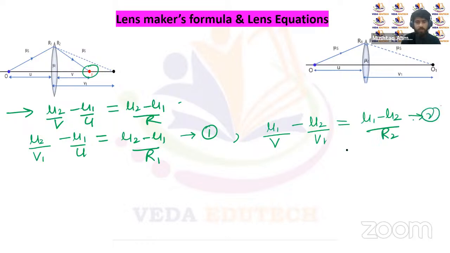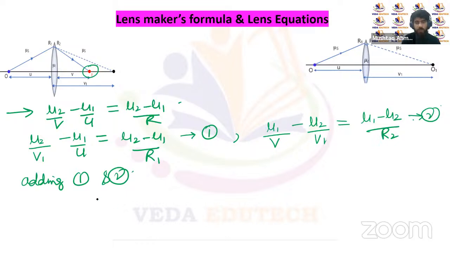Now if we add these two equations, adding the first equation and the second equation, mu2 upon v1 and minus mu2 upon v1 will get cancelled.